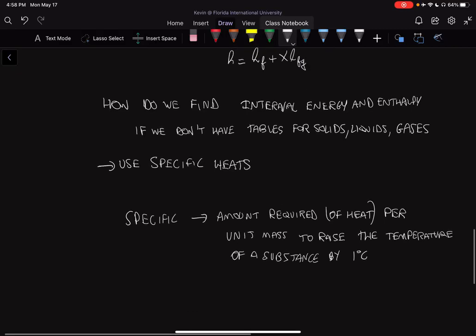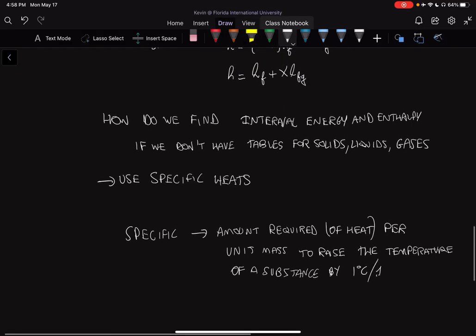Okay, and it can be 1 degree Celsius or 1 degree Kelvin or 1 Kelvin. It's exactly the same thing. Raising the temperature by 1 Kelvin or raising the temperature by 1 Celsius is the same thing. The only difference is where the zero lies.